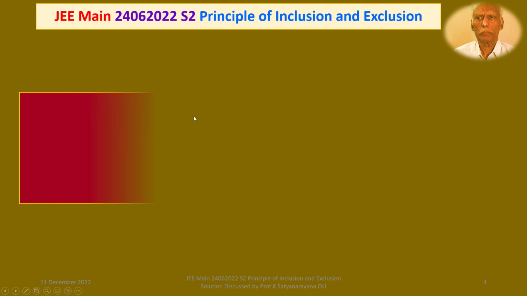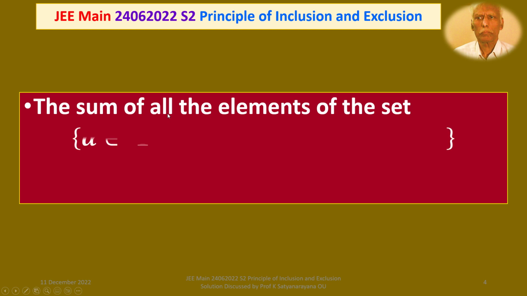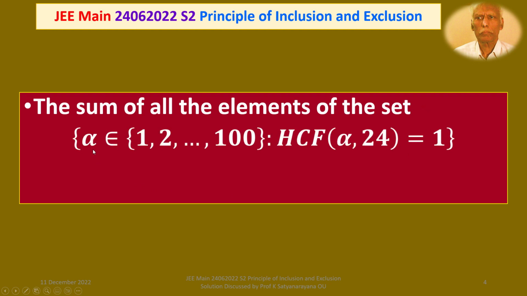The given problem is: the sum of all the elements of the set consisting of alpha belonging to the set {1, 2, 3, up to 100} such that the HCF (highest common factor) of alpha comma 24 is equal to 1.